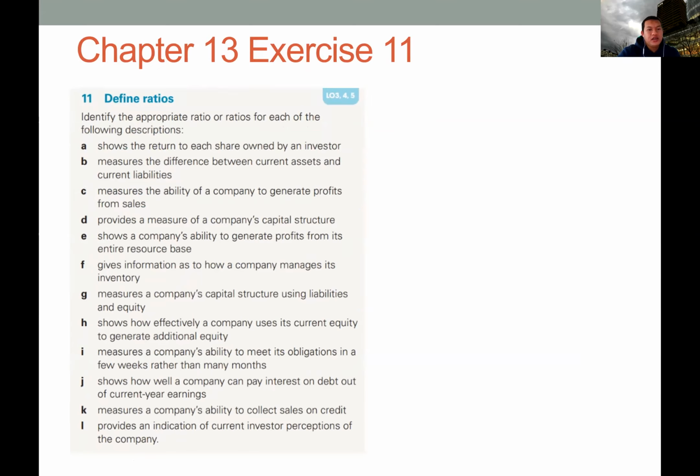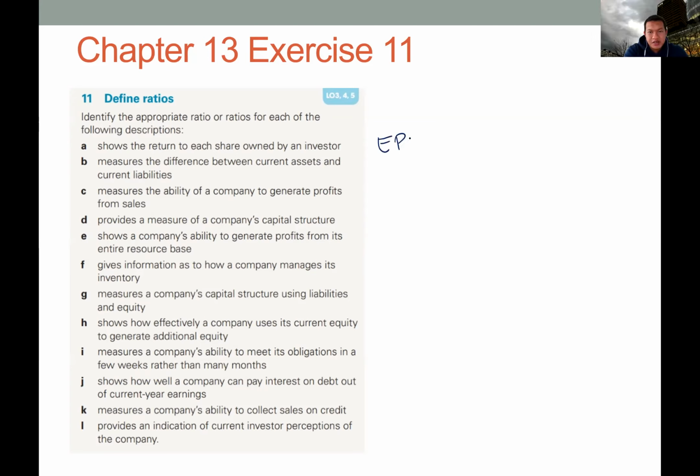We have some definitions of ratios, and we have to identify which ratio matches each definition. The first one shows the return to each share owned by an investor. Can you guess what ratio it is? Earning per share? Yeah, that's quite easy, right?